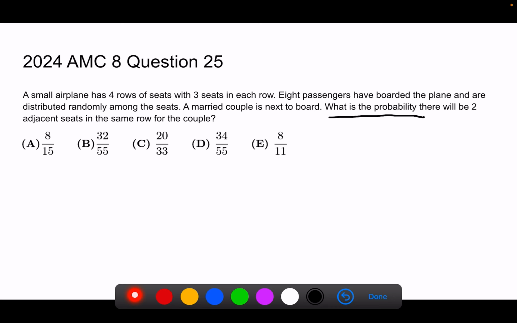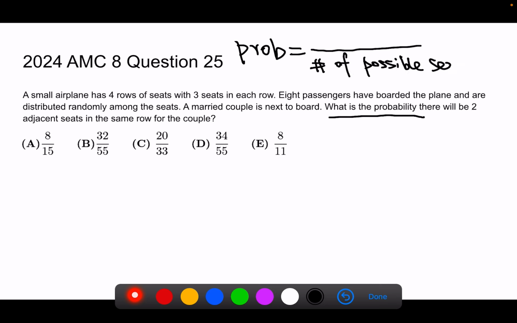The first question is going to be, how do you calculate probability? I'm going to call it prob. So probability is equal to the number of possible ways to assign the seats for those 8 people.